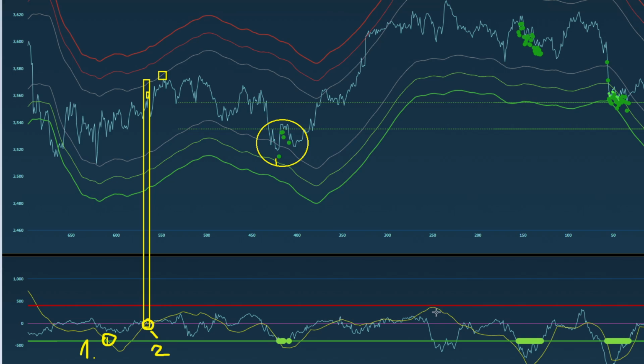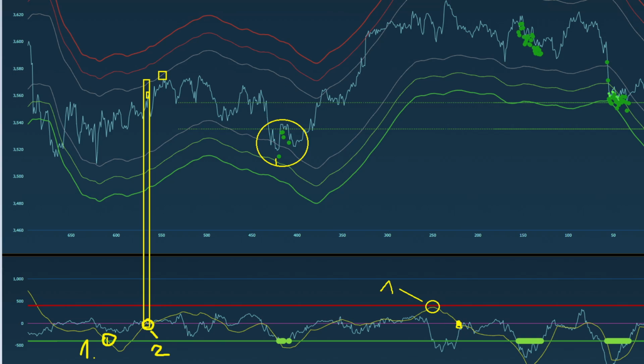Okay, and so this would be our point 1 to change trend to the long side, right? This is our point 1, but we start looking for a trade, for a long setup over here, right? This is when Momo 2 went back down to 0 after it hit the plus 400 for the first time, right?